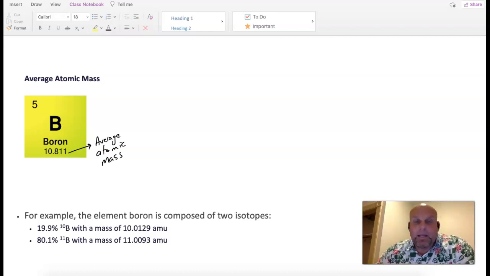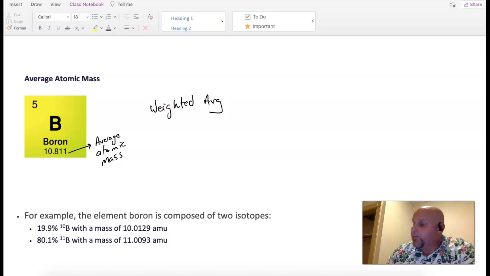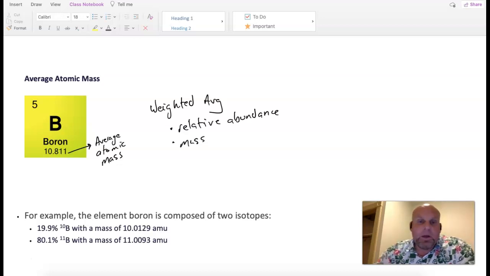What does that mean? Well, this value represents a weighted average of all of the naturally occurring isotopes of that element. And by weighted average, we are taking into account two pieces of information: the relative abundance, or natural abundance, sometimes just abundance, and the mass of that particular isotope.